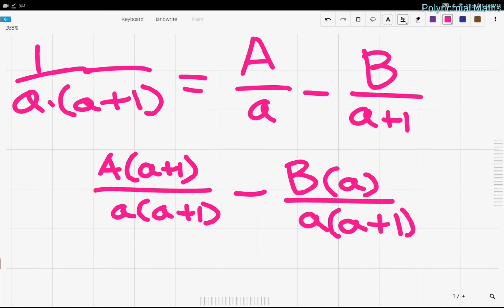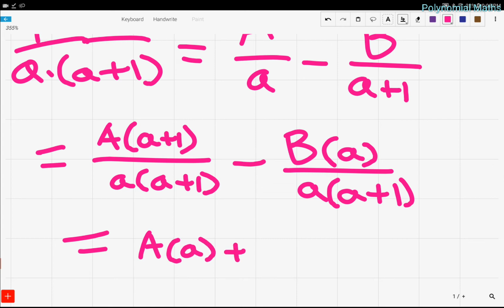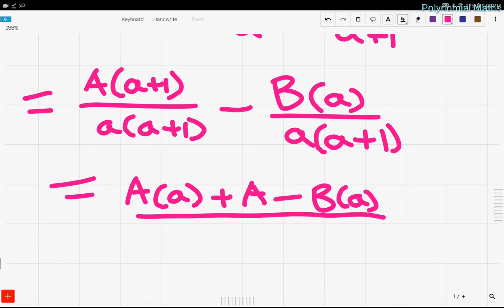So once these are under a common denominator, let's add these together and we'll get this equals A times a plus A minus B times a. And note that I did distribute while I was doing that, and then a plus 1.